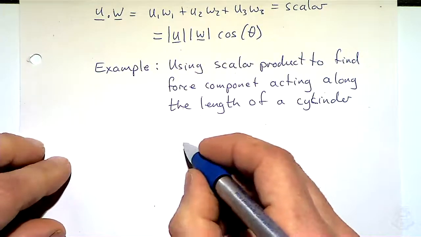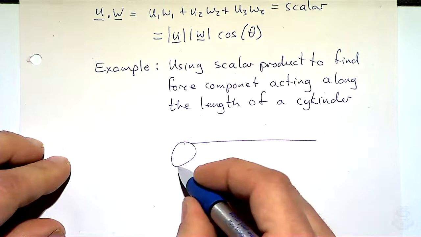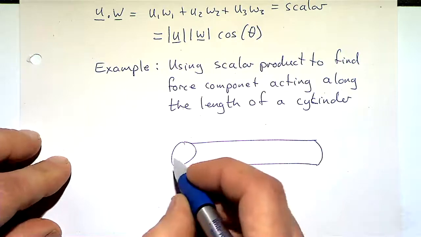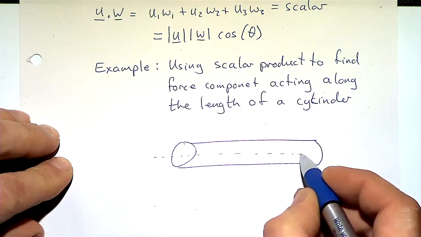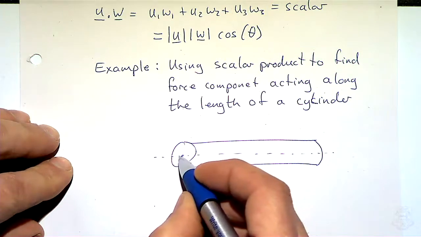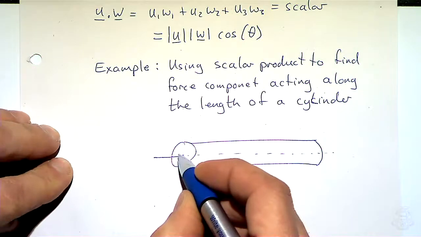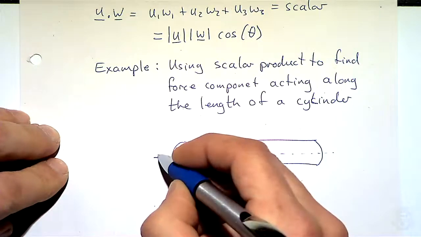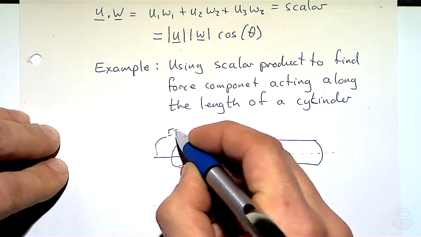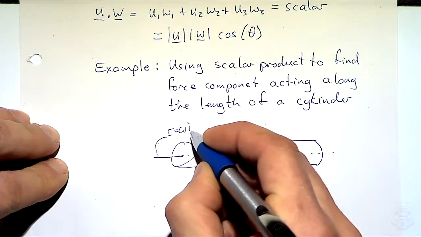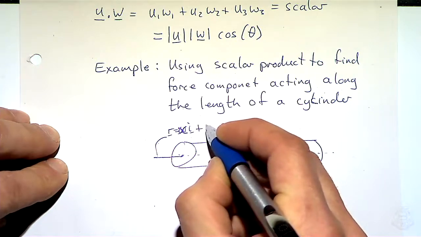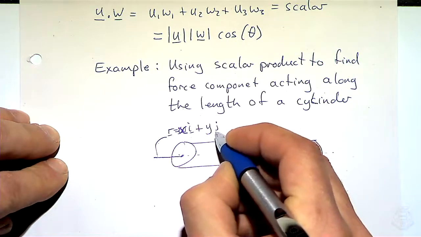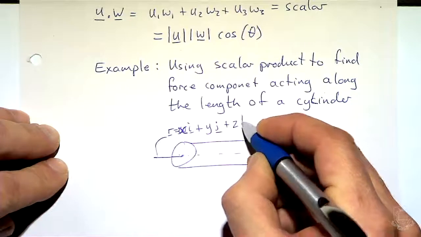So here's a scenario. We've got a cylinder and the central axis of the cylinder. We can represent that as a vector. So that's r in some coordinate space. Sorry, that's x i plus y j plus z k.